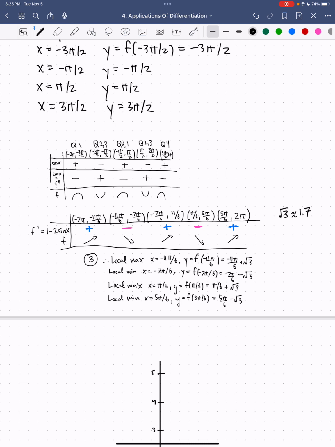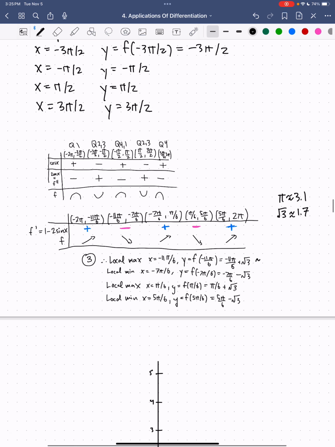Well, I'm going to pretend for the purposes of this that pi is 3.1, and then negative 11 over 6 pi is like negative 2 pi-ish. So we're going to say that this is roughly negative 6.1 plus 1.7. So I guess 4.4, negative 4.4.